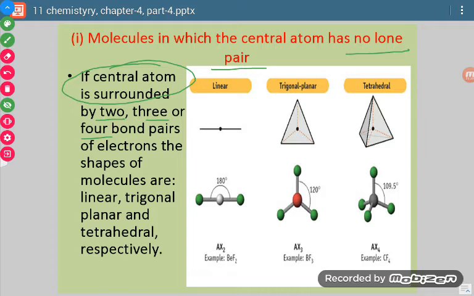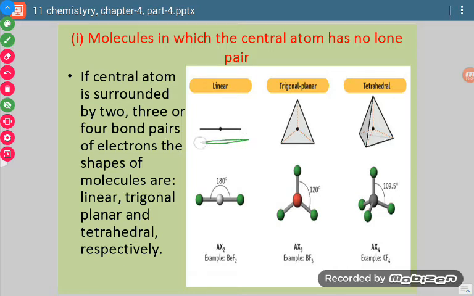Now see, this is the central atom and these two are surrounding atoms, so there are a total of 2 bond pairs around the central atom. Now we have to arrange all these atoms in such a way that there is maximum distance between them, so that there is minimum repulsive force and so maximum stability.